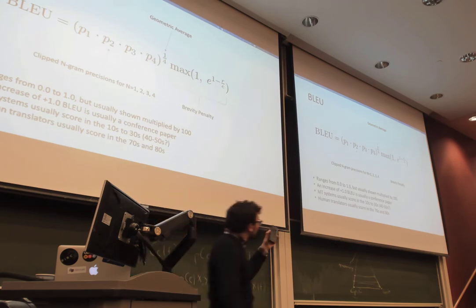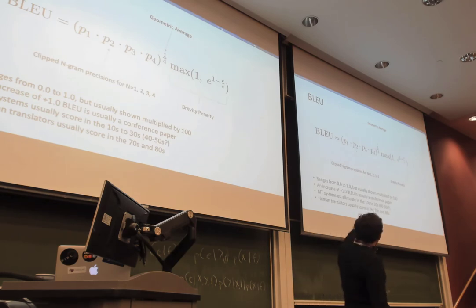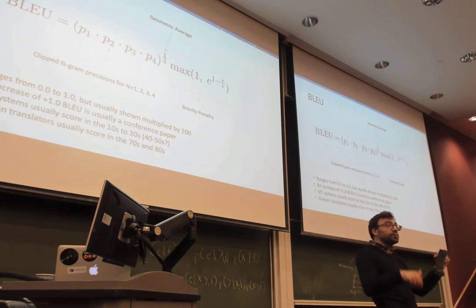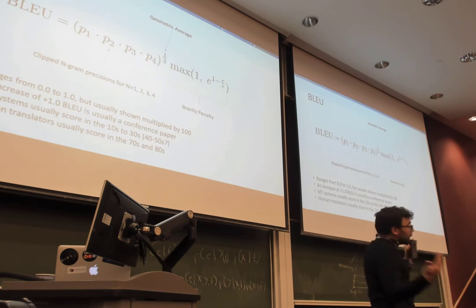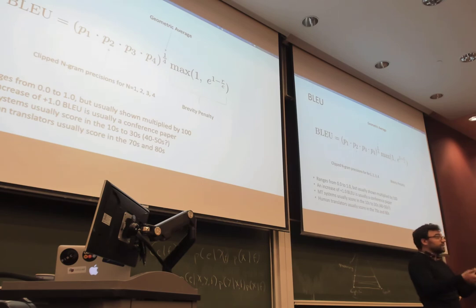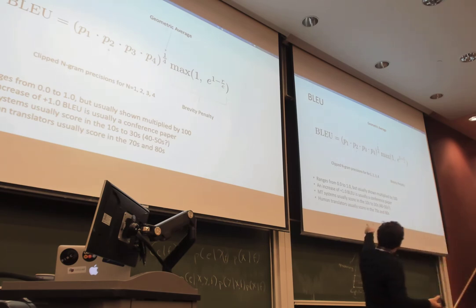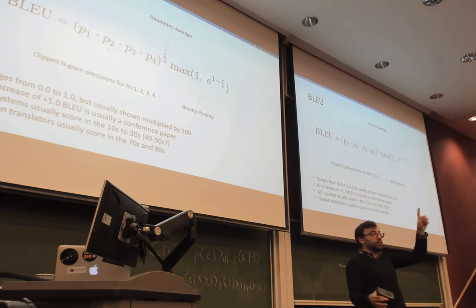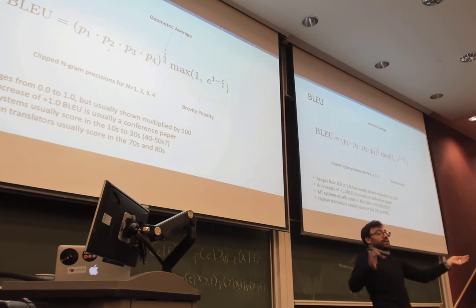About a year or 2 ago, MT systems would usually score between 10 and 30 BLEU points. In the last 1 or 2 years, MT systems tend to be about 40 to 50 BLEU points, while professional translators, depending on the language pair, which is important, might be scoring between 70 and 80.